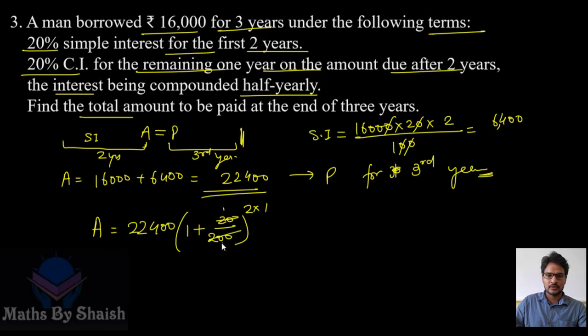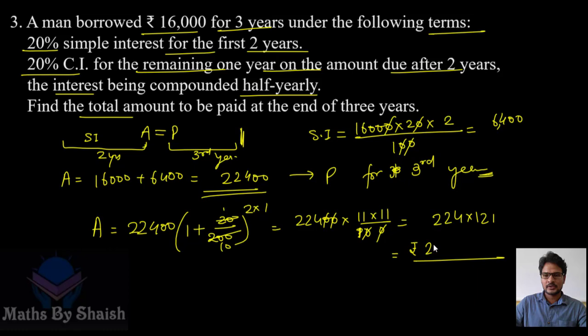This 1 over 10, so it becomes 22,400 into 11 into 11 over 10 into 10, that is 100. So we got this as 224 multiplied by 121, and that is going to be the amount.